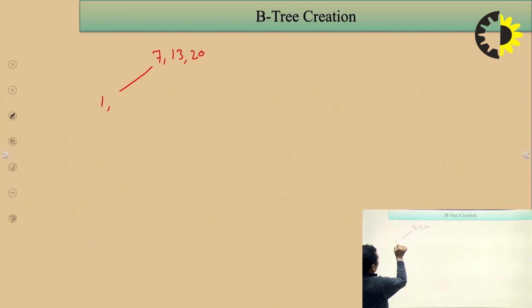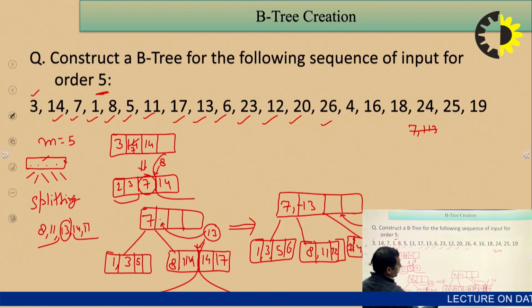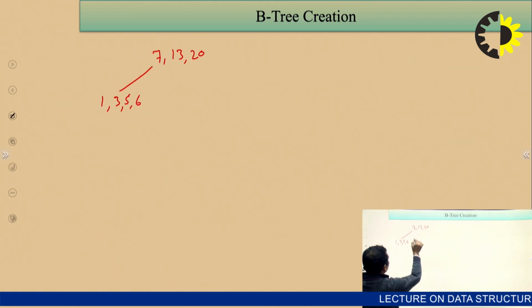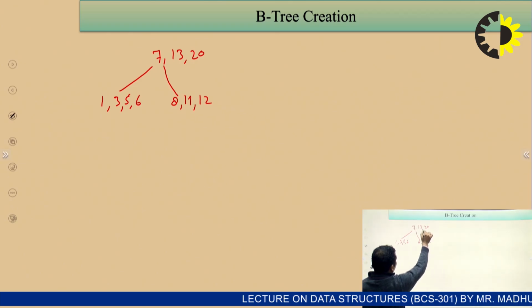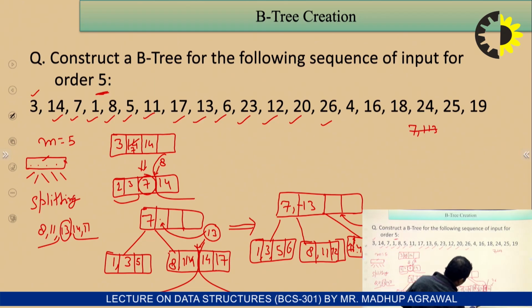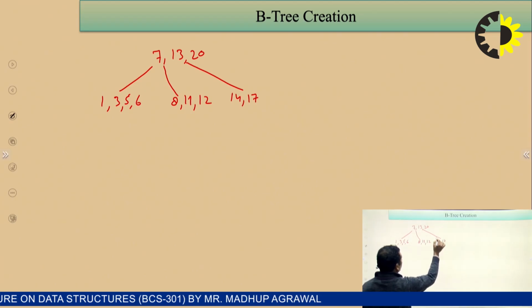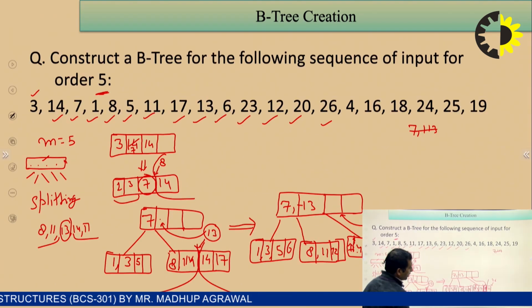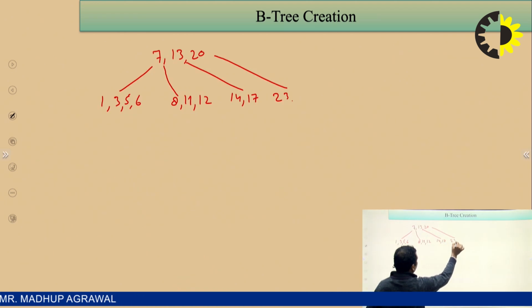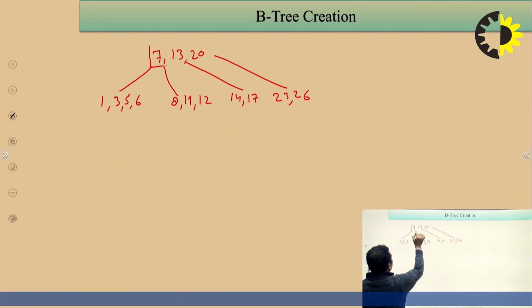Now here 8, 11 and 12 in this branch. This is now splitting 14 and 17, and here the keys are 23 and 26. Now the split takes place.